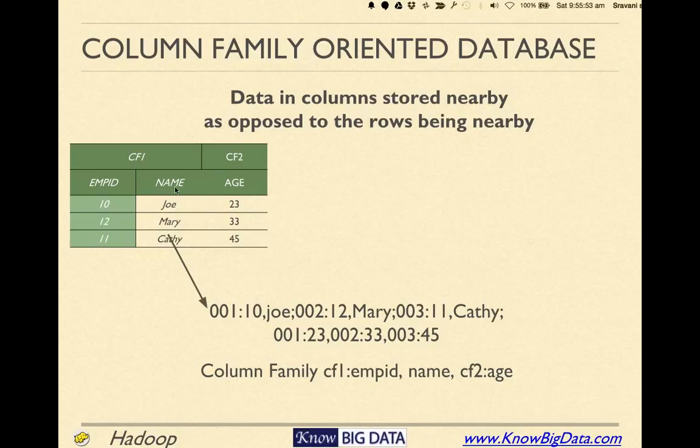And inside a column family, the data gets stored in a row-wise fashion, which means 10 Joe, 12 Mary, 11 Kathy, and after that 23, 33, 45. This is how the data is getting stored. Notice the word stored. Presentation-wise, it would look like a normal database. There will be no difference to the end user, but the way the data is stored is different under the hood.